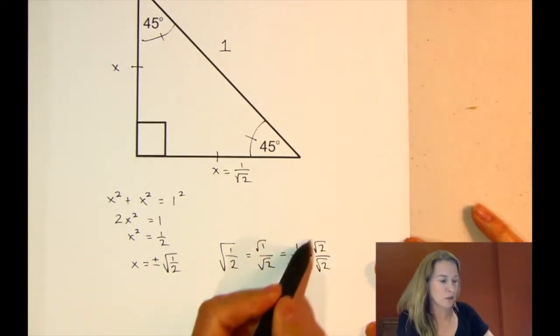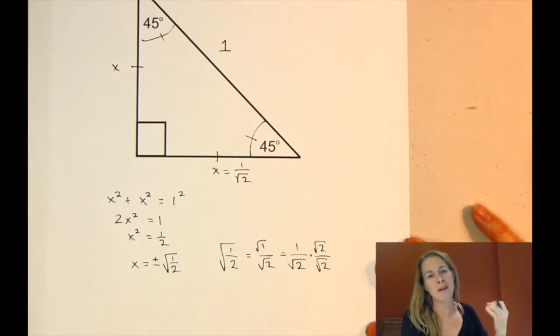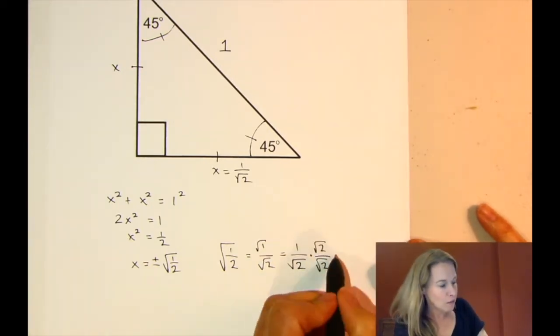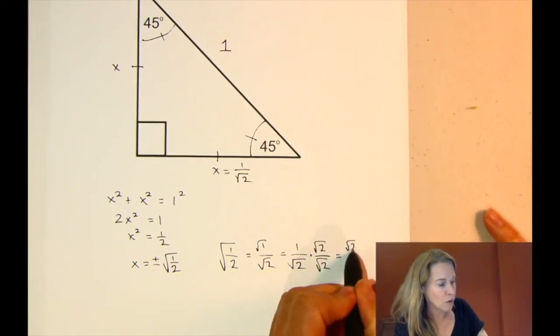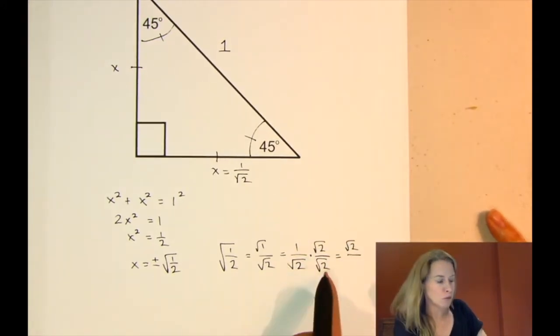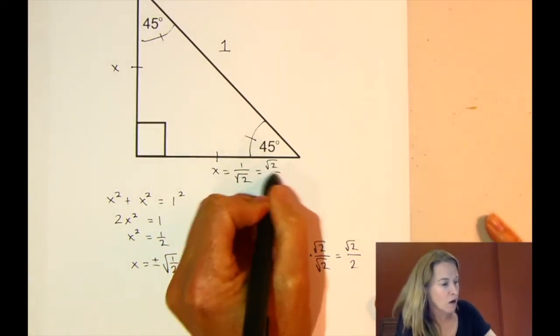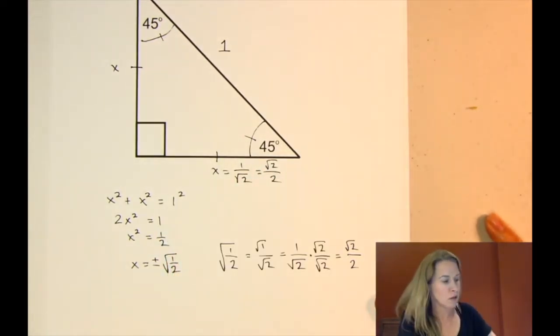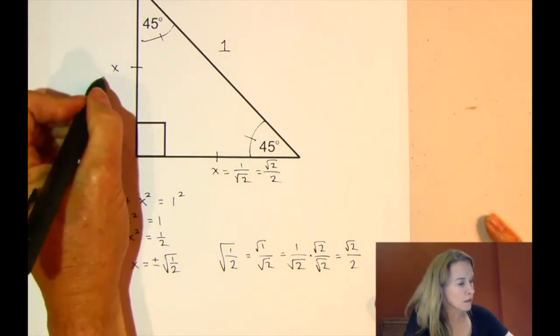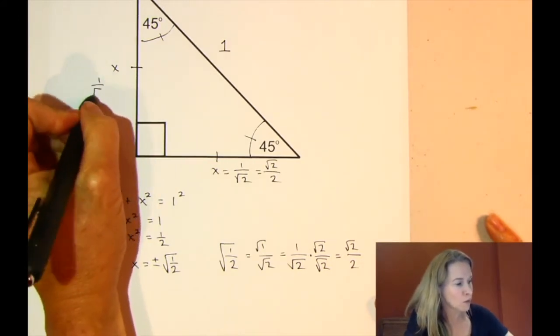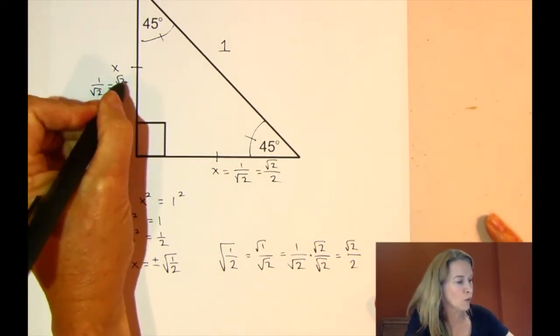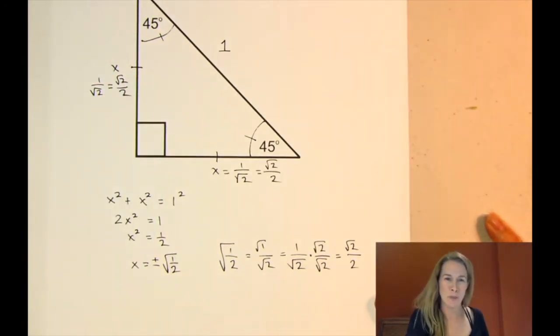Of course, that's equivalent to 1, so I'm changing the look, but not the value. And when I multiply this out, I get root 2 on top, and root 2 times root 2 is 2 on the bottom. So either of these are acceptable expressions for the length of the side. And again, this side here is either 1 over root 2 or root 2 over 2.